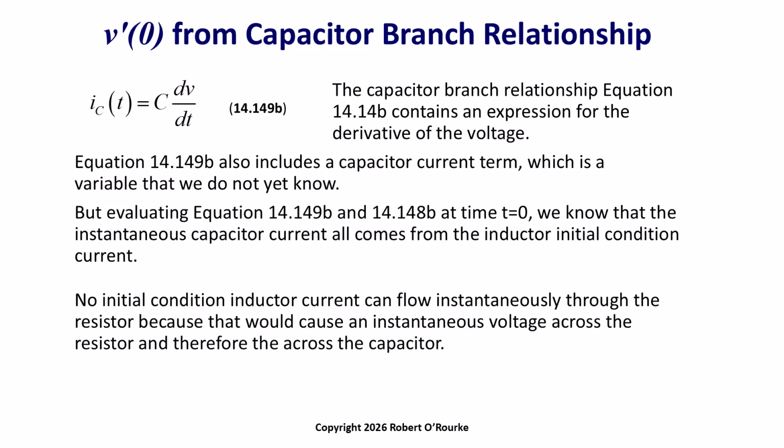It can't appear through the resistor because instantaneous resistor current at time zero would mean an instantaneous voltage across the capacitor and the other two components. An instantaneous finite voltage change across a capacitor implies an infinite current through the capacitor.